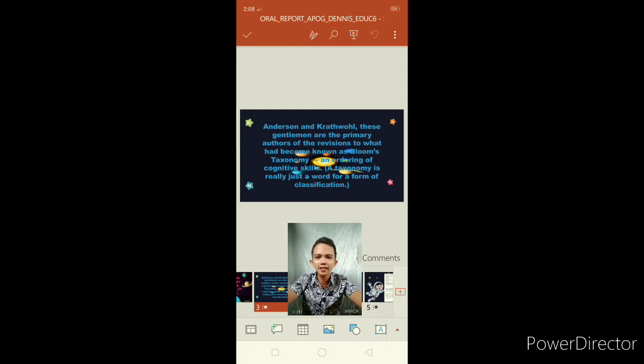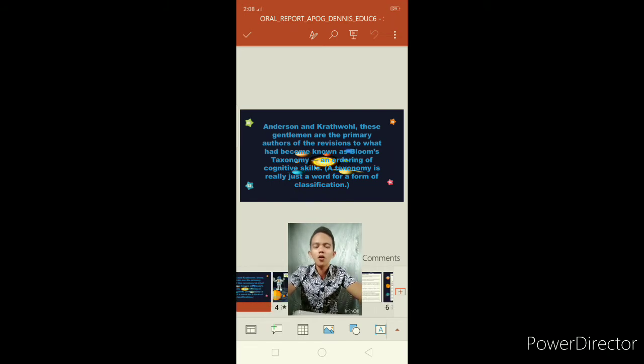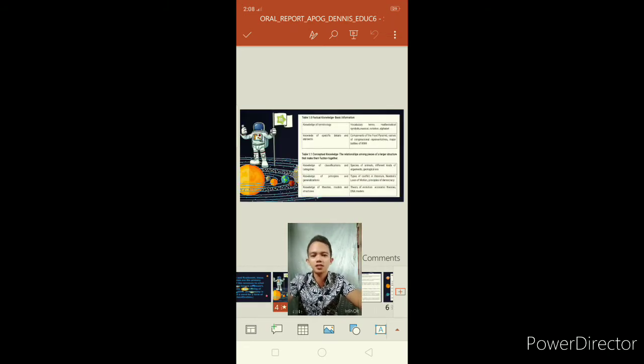These gentlemen are the primary authors of the revisions to what had become known as Bloom's taxonomy, an ordering of cognitive skills. When we say taxonomy, it's just a word for classifications in terms of leveling.